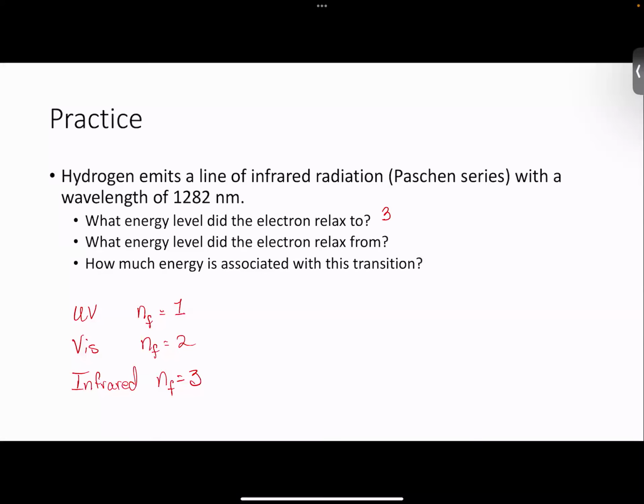So we know that it relaxed to an N sub F of 3. We have been asked, where did the electron relax from? Anytime you see energy level, that means you're going to be using the Rydberg-Balmer equation. So 1 over the wavelength is equal to R times 1 over N sub F squared minus 1 over N sub I squared.